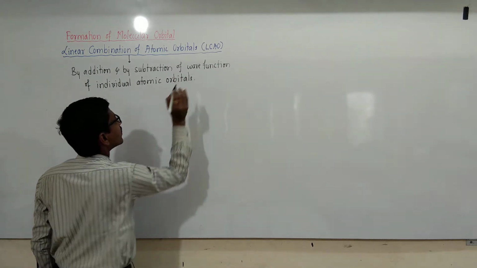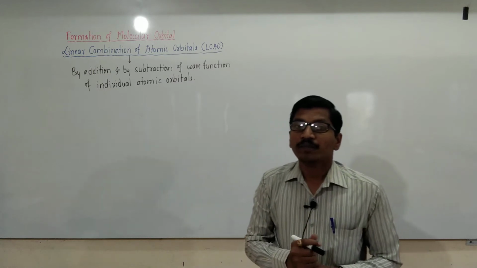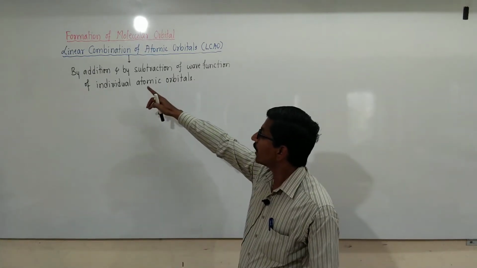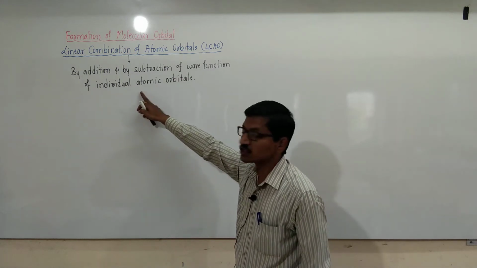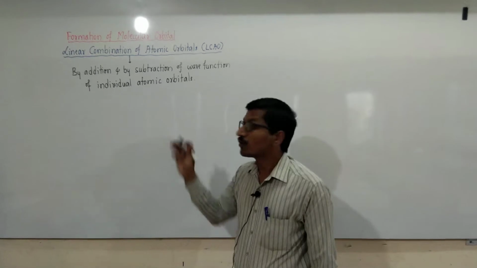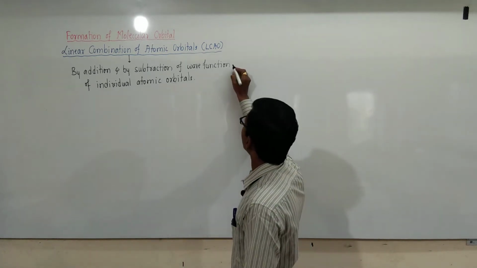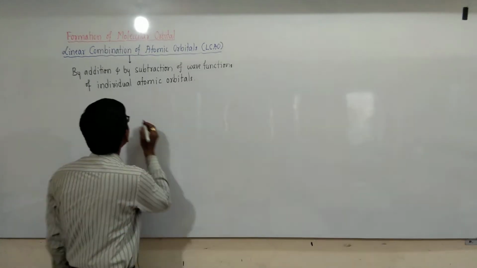The linear combination of atomic orbitals can take place by addition and by subtraction of wave functions of individual atomic orbitals.